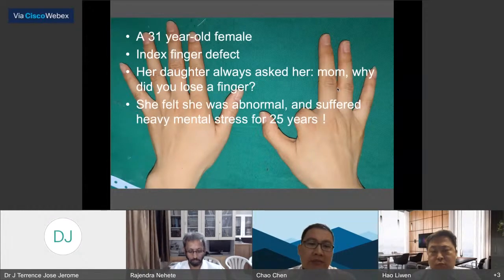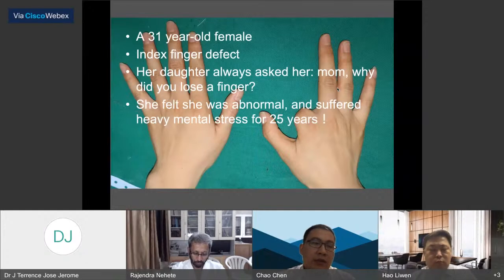And she suffered heavy mental stress for 25 years. So even though I talked a lot with her before the operation, I explained that even if I reconstruct an index finger for you, you will not improve your hand function, and you will undergo a long operation and a long period of post-operative rehabilitation. But she always insisted on the finger reconstruction.